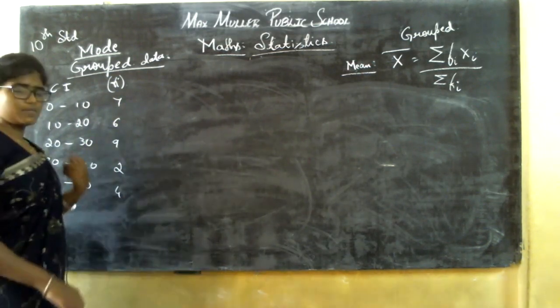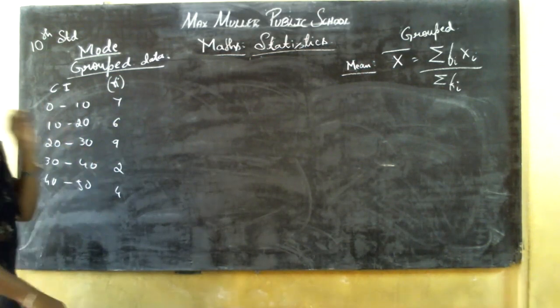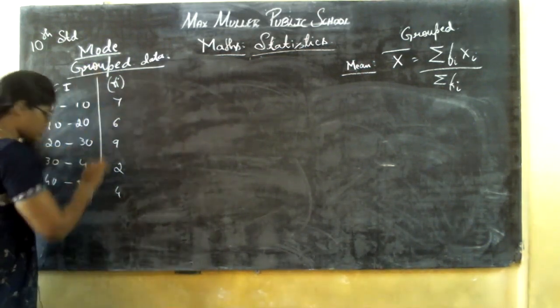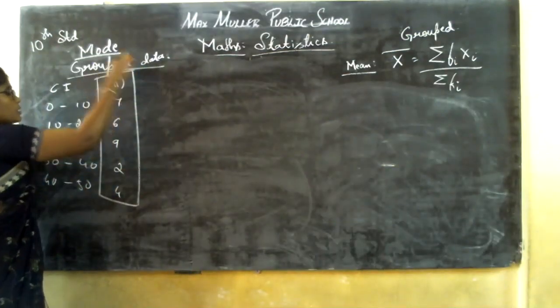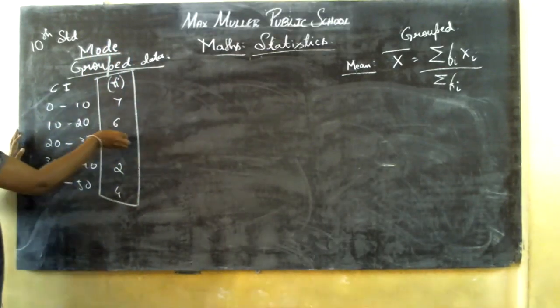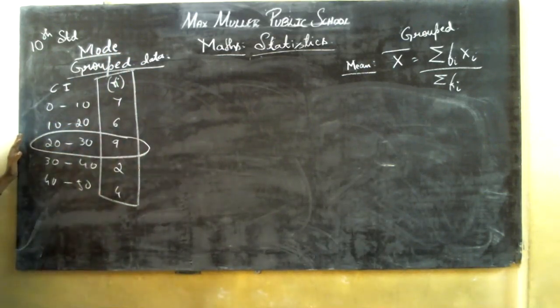The mode is found by the maximum frequency. You are going to see only the frequency distribution table. Which is the highest number in this table? 9, correct? 9 is the highest number in the given table.